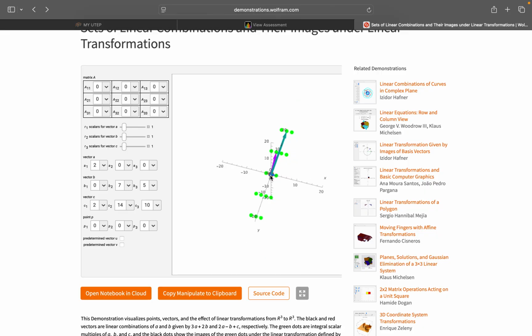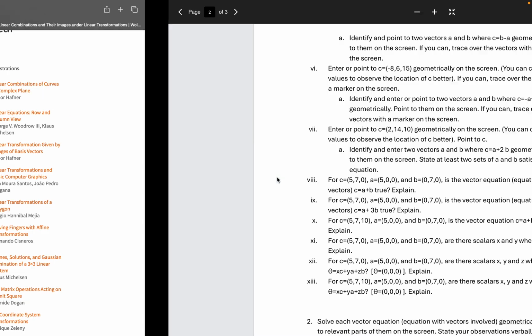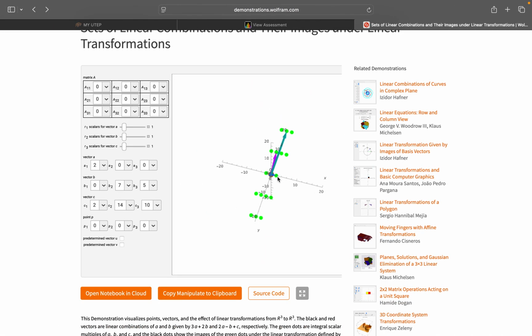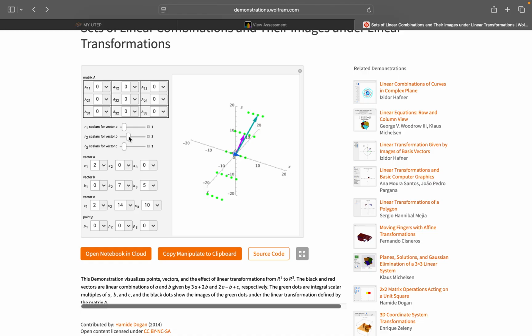We have 2 and 2B. It's 1, 2. We would end up over C. 1, 2. Oh, sorry. 2, 1, 2.